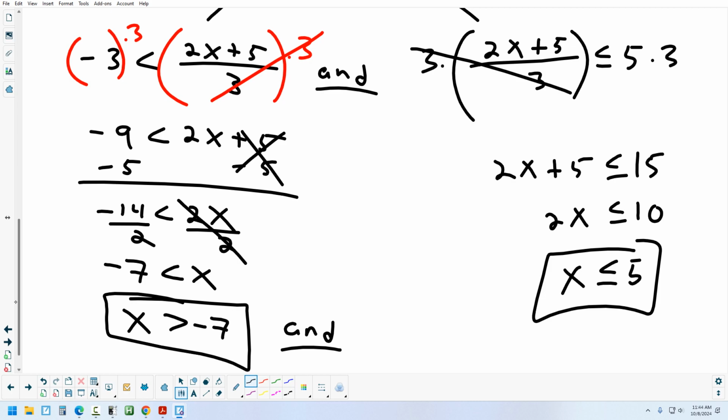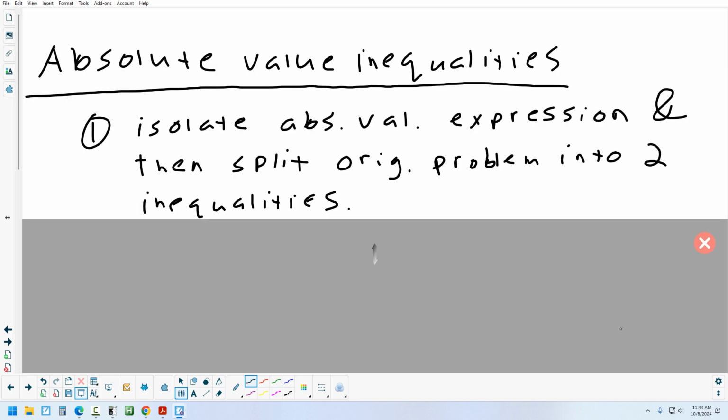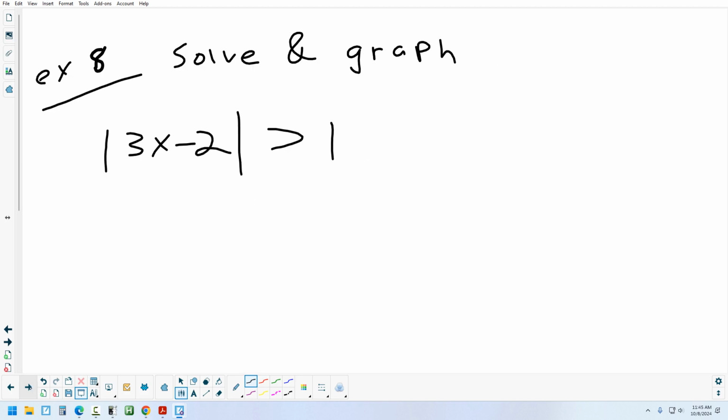Okay, so the last one is another splitting into 2 problems, but it's absolute value. So it takes a little bit more work to get the 2 equations we have to split it up into. The first thing is when you are solving an absolute value inequality, make sure the absolute value is isolated. That is an example of an absolute value that is isolated.